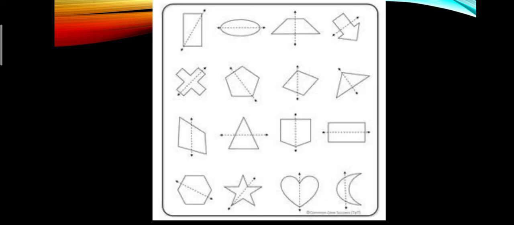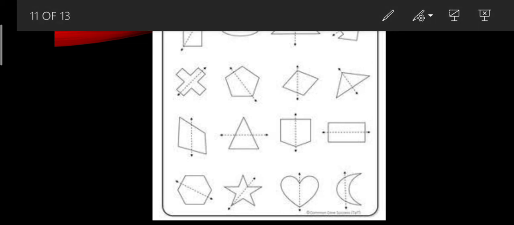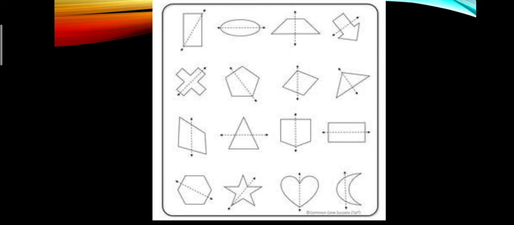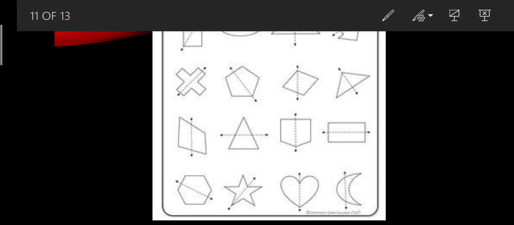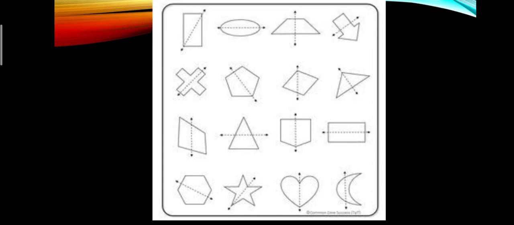Now we have to identify in this picture which figures are having the correct line of symmetry. If the figure is not having the correct line of symmetry, we will put a cross. You understood? So let's start. This figure is having the correct line of symmetry, right?